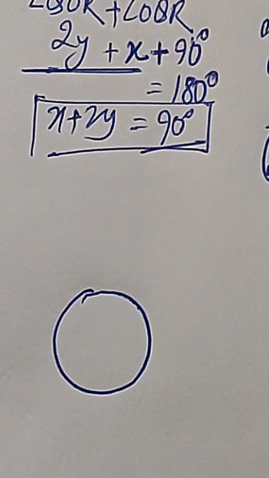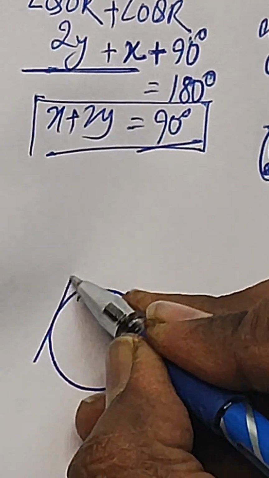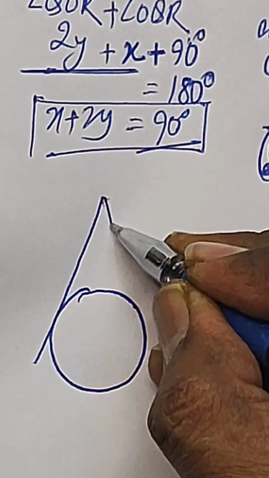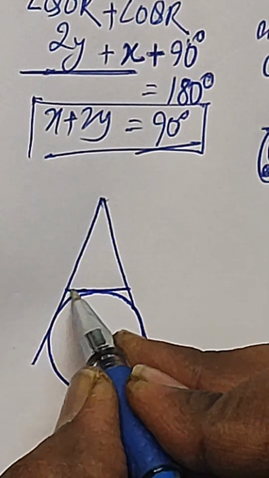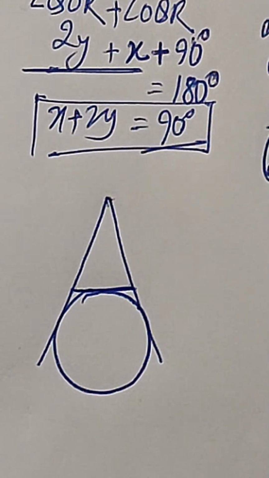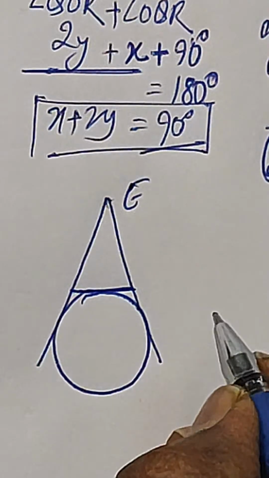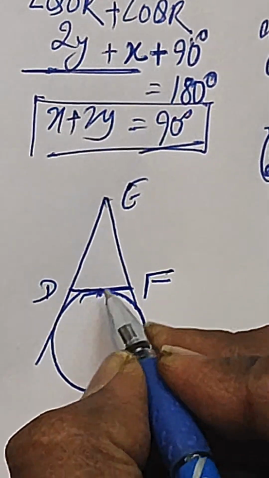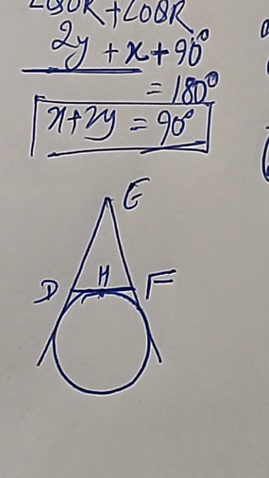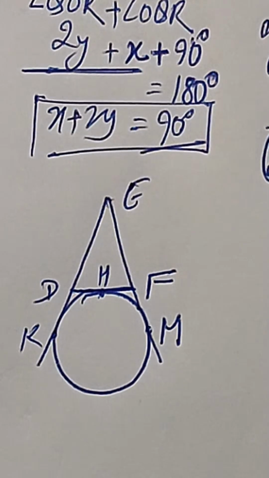So this is the circle and the triangle which is forming over here like this and like this. This is E, this is D, this is F, this is the point of contact with the circle, H, and this is K, and this is M. This is the question.